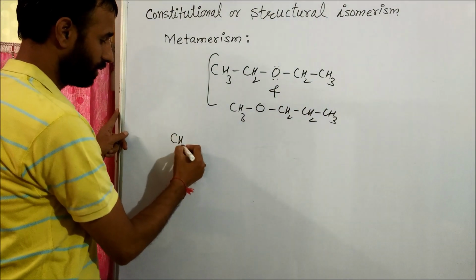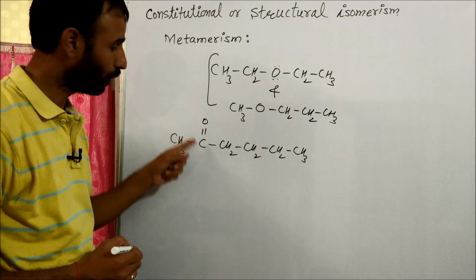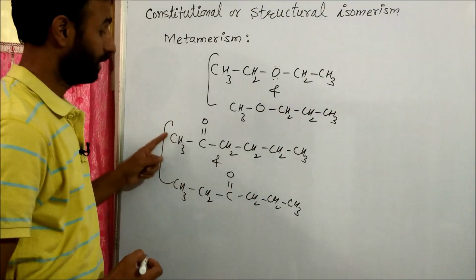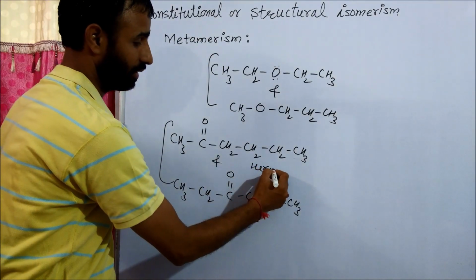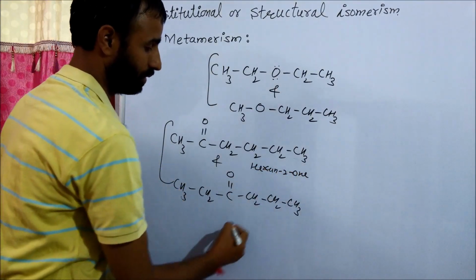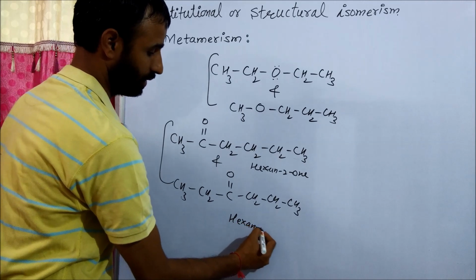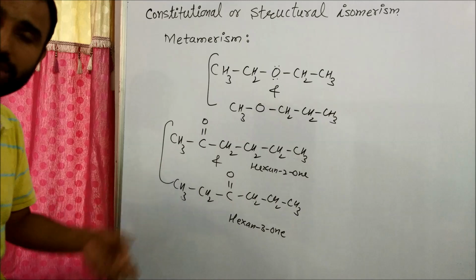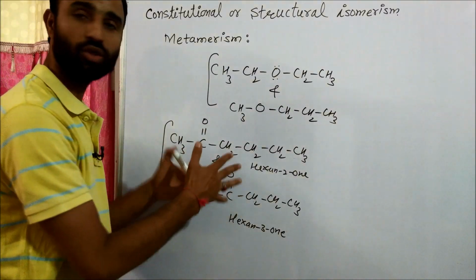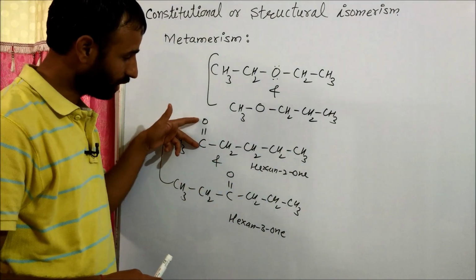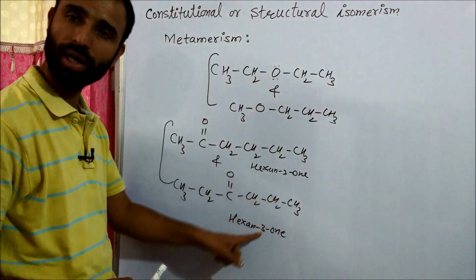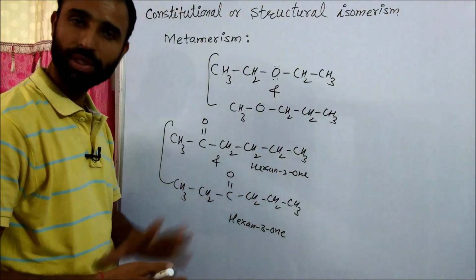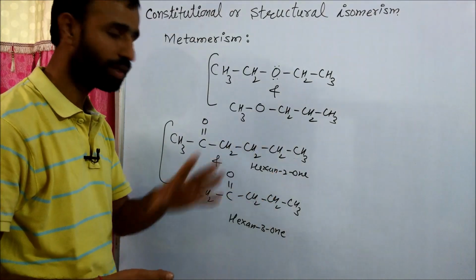Next example is hexan-2-one, hexan-3-one. So they are again, see, hexan-2-one, hexan-3-one. Now these two are metamers as well as position isomers, because there is a change in position of functional group only, word root remains same, functional group remains same, only position of the functional group changes.